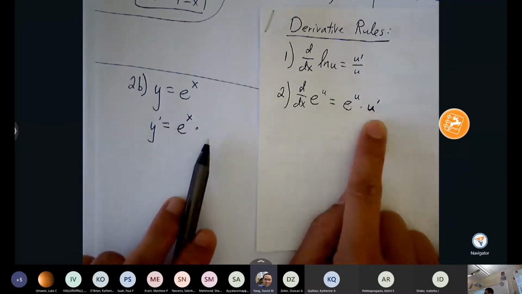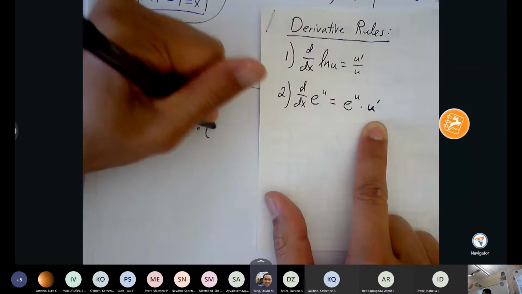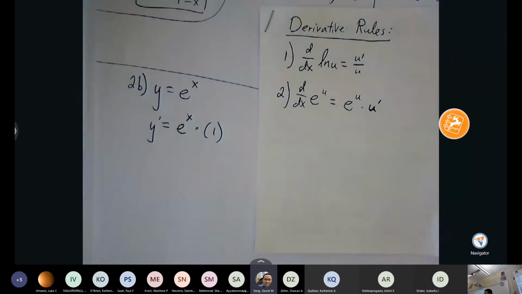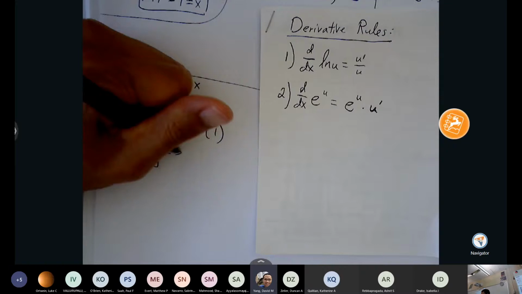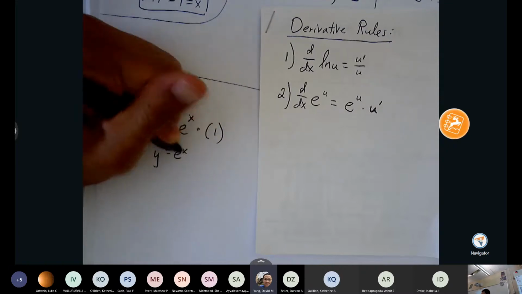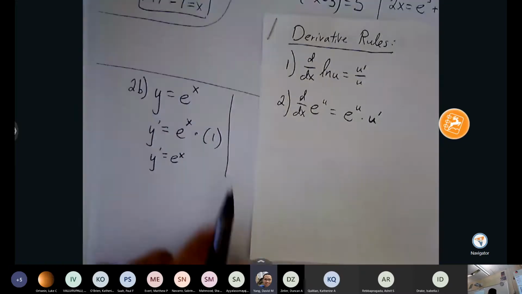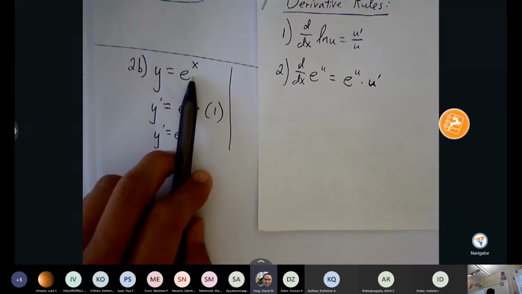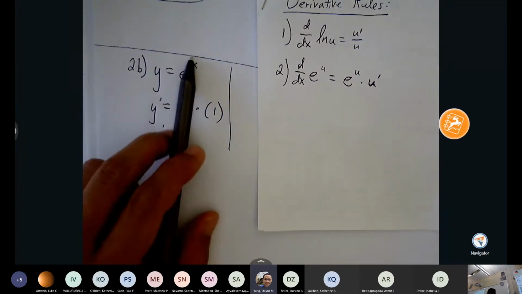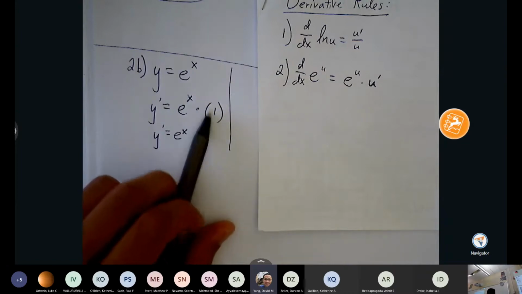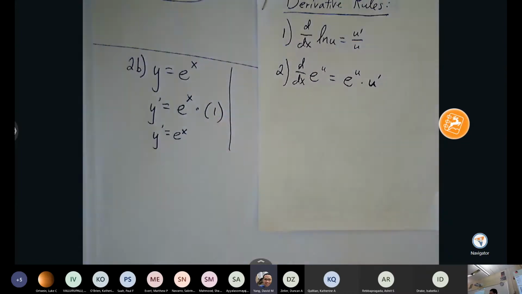What's x's derivative? 1. So that 1 doesn't really have any impact. So just e to the x. The basic function's derivative is going to be the exact same. Now, obviously, if there's more involvement with the exponent, then it's not just going to be 1. It's going to be something else.